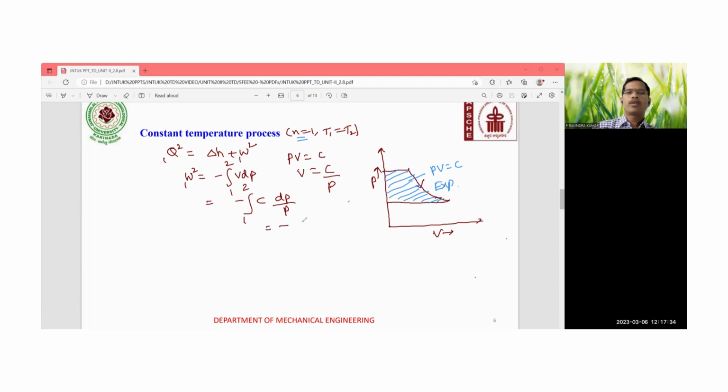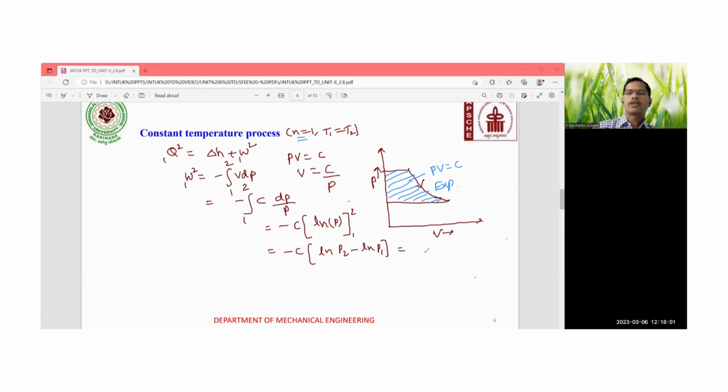So when you remove the integral, right, this is C. Then you will get ln P, and apply the limits 1 to 2. Then it is minus C times ln P2 minus ln P1.